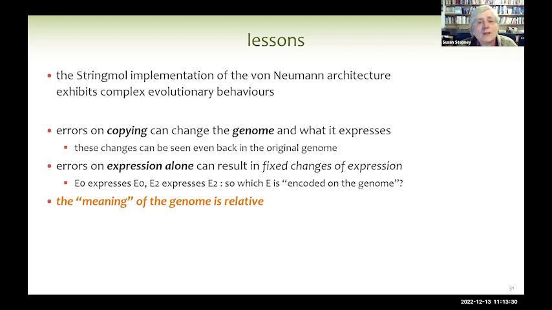But interestingly, errors on expression alone can result in fixed changes of expression. So expressor 0 expresses E0, but E2 expresses E2. So which E is actually encoded on the genome, because it's the same genome, it's just a different expressor. So the meaning of the genome is not absolute. The meaning of the genome is relative to the environment in which it finds itself.